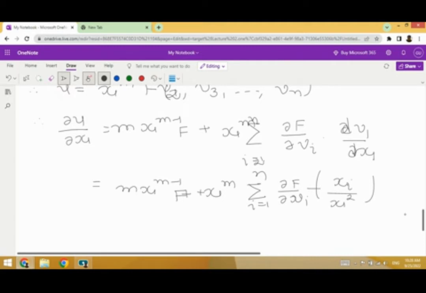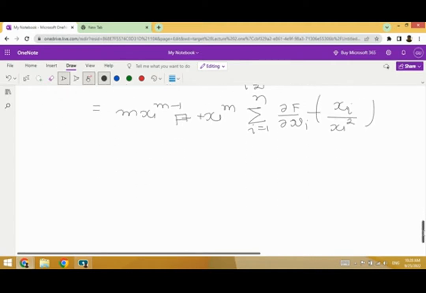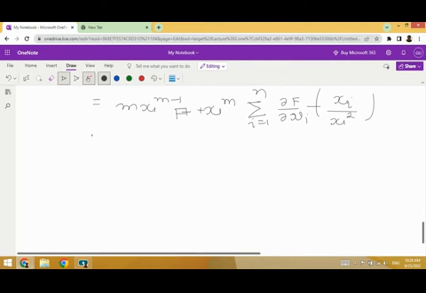So we can write it as m x1 raised to m minus 1 f minus x1 raised to m minus 2, as in the last one x1 square is in the denominator, summation i varying from 2 to n.